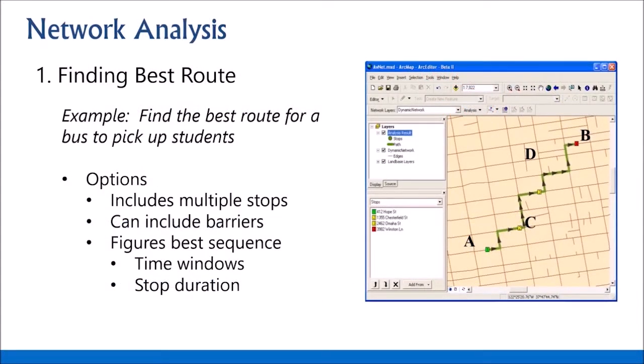Now your network analysis can find the best route. So example here, finding the best route for a bus to pick up students. And the options can include multiple stops and can include barriers such as one-way roads and so on and so forth.